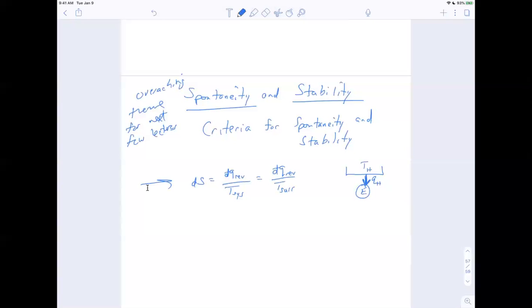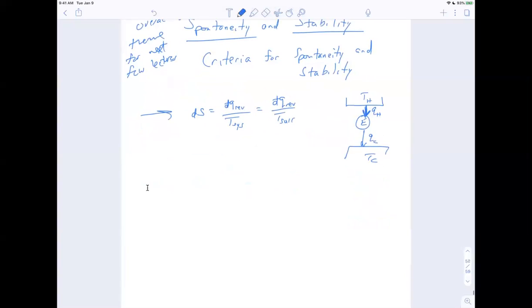The same is true when we have Q cold being dumped to T cold: that part of the engine has to be at T cold. This is obvious when you look at the PV diagram, because the steps were isothermal, one at T hot and one at T cold.